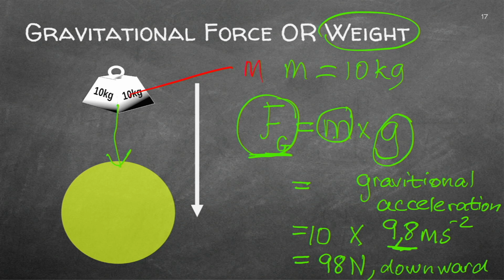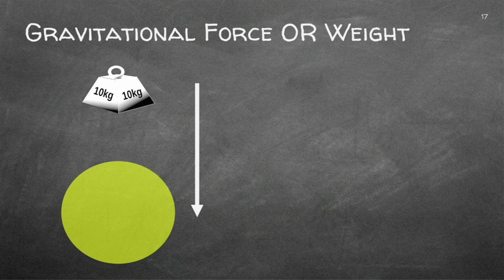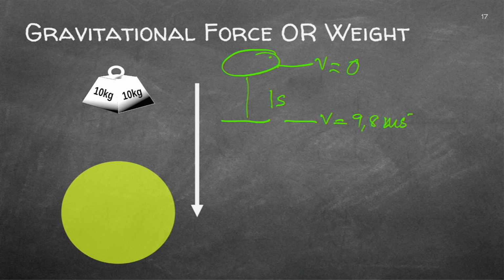Let us quickly have a look at this value of 9.8. It will mean if I start with a velocity of 0, I'm dropping the ball. It will fall, and in 1 second, the velocity will be 9.8 meters per second. And in the second second, it will add another 9.8 meters per second, meaning it will now be 19.6 meters per second.